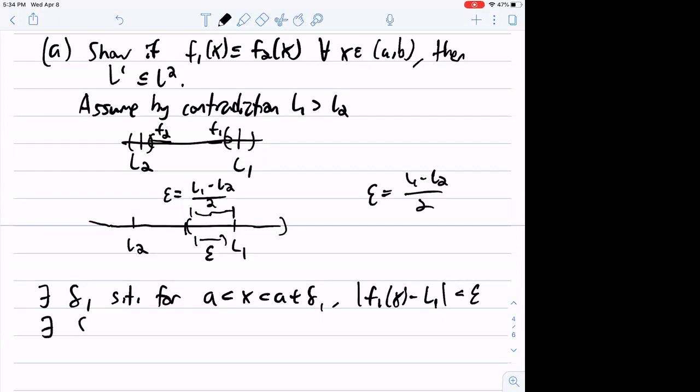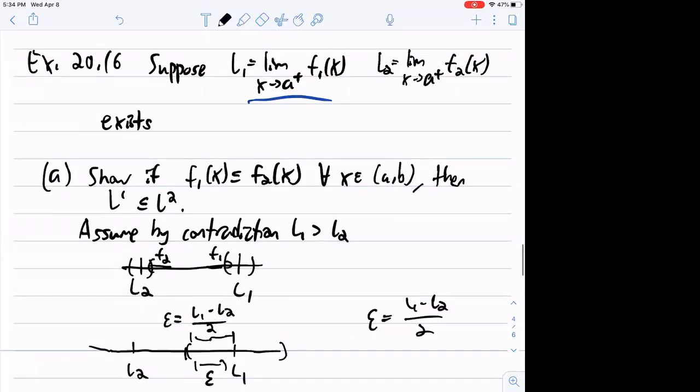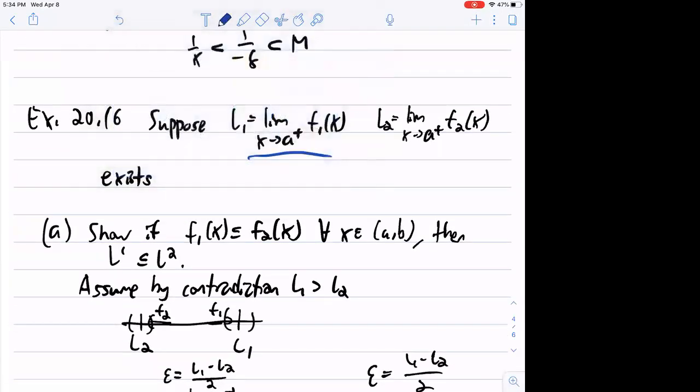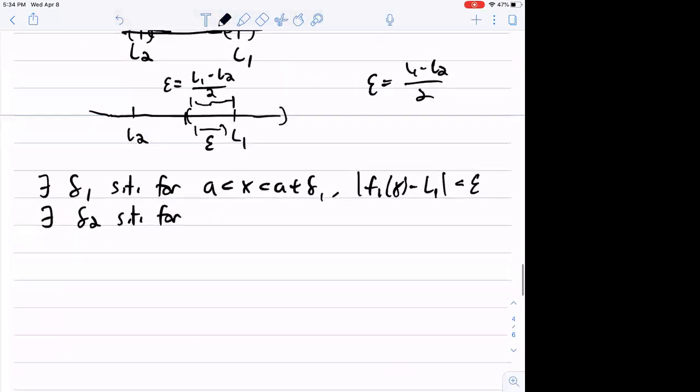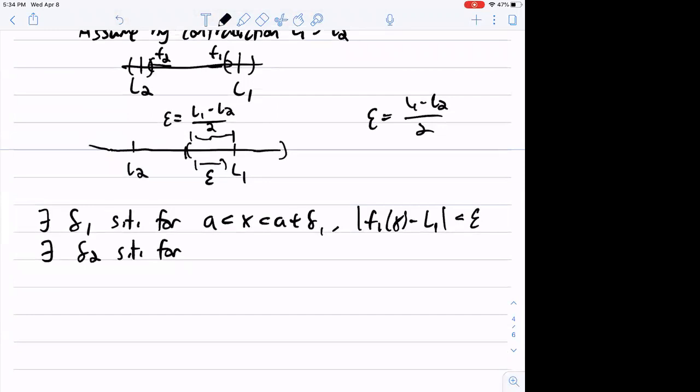Now, there exists delta 2 such that, because this limit exists, right, there certainly exists a delta 2 such that for a less than x less than a plus delta 2, f2 of x minus L2 is less than epsilon. We want both of these to hold, right?